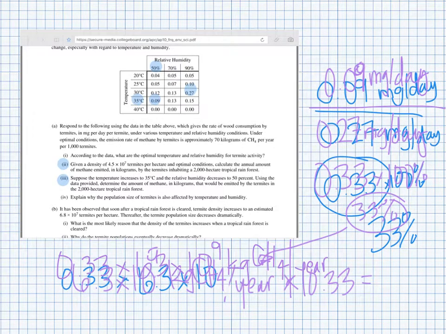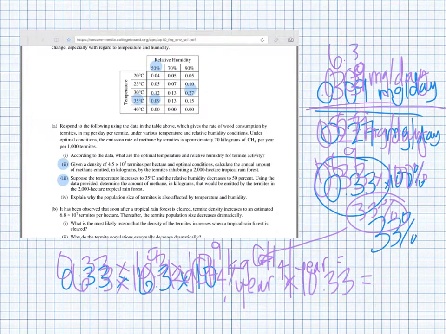And the computations without a calculator: 3 times 3 is 9, 3 times 6 is 18, 3 times 3 is 9, 3 times 6 is 18.